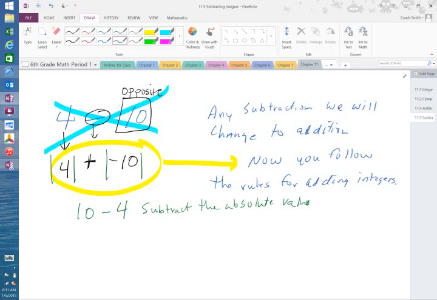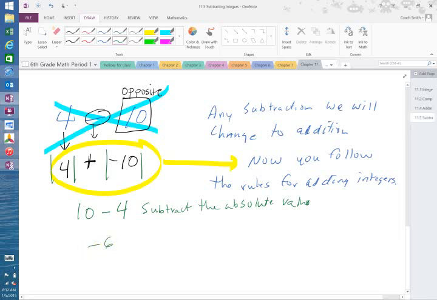6. 4 minus 10 is the opposite of 10 minus 4, correct? So if 10 minus 4 is 6, then what is the opposite of 6? Negative 6. So, therefore, 4 minus 10 must be negative 6.